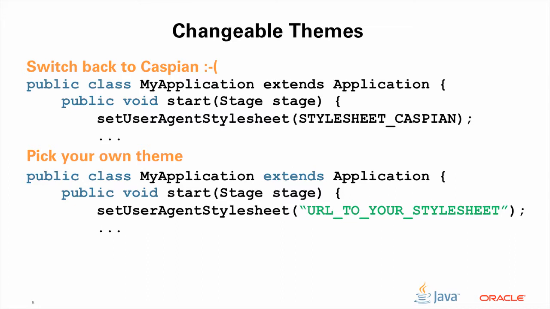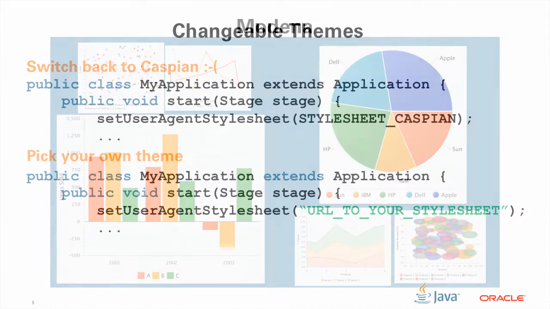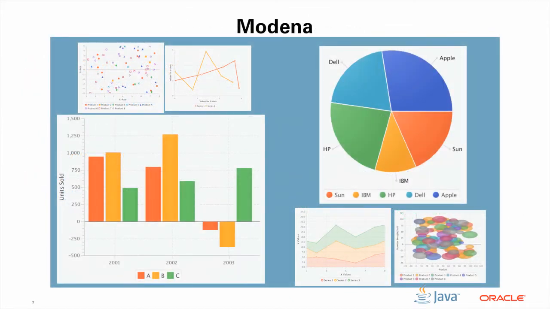You can always change back to Caspian if you'd like. We don't recommend that, but here's the code that you could use to change back to Caspian. Also, you could create your own theme and use that code to select that theme. There are some charts using Modena, so you can look at the way that those look and feel.